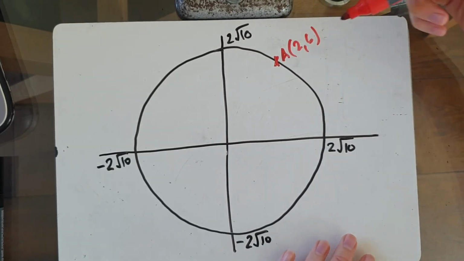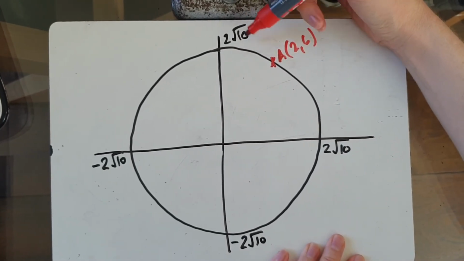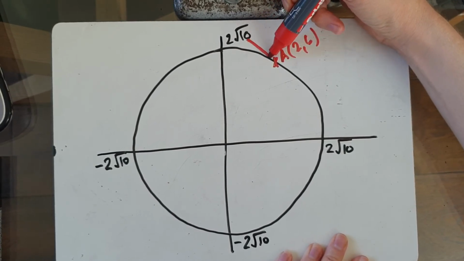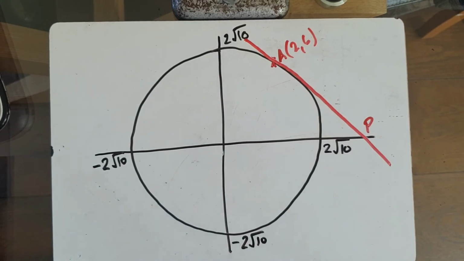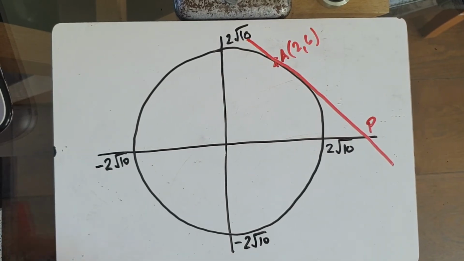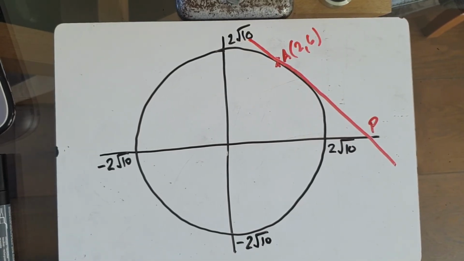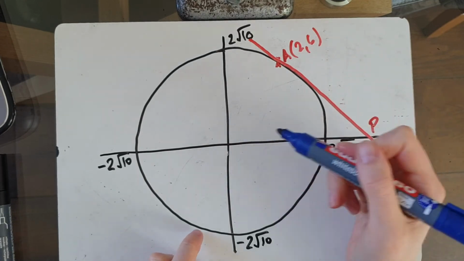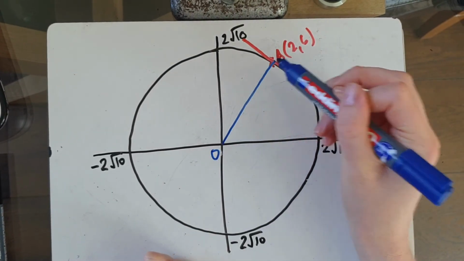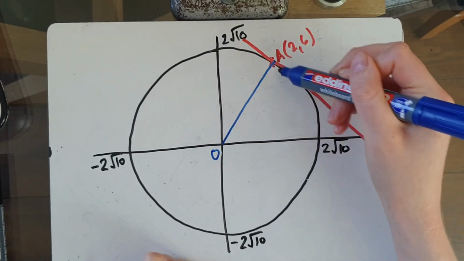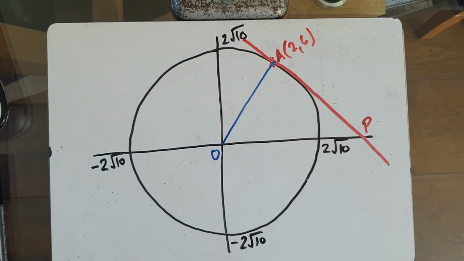And the tangent to this, L, crosses the x-axis at point P. So I'm going to draw the tangent on. We've got point P there. The question wants us to find the area of the triangle O, that's the origin, A, P. So it wants us to find the area of that triangle.